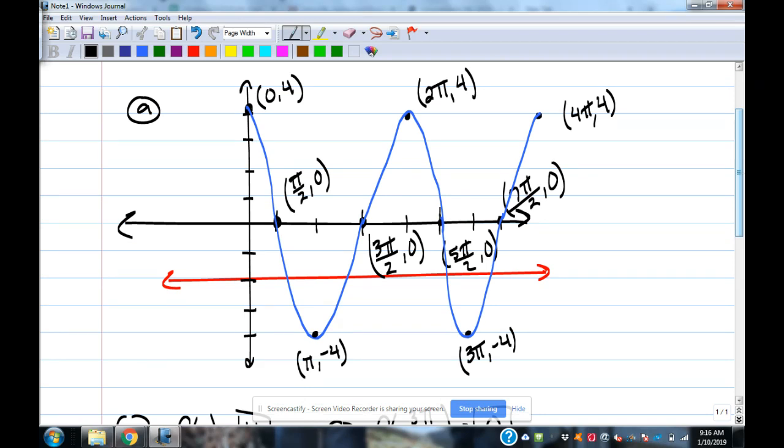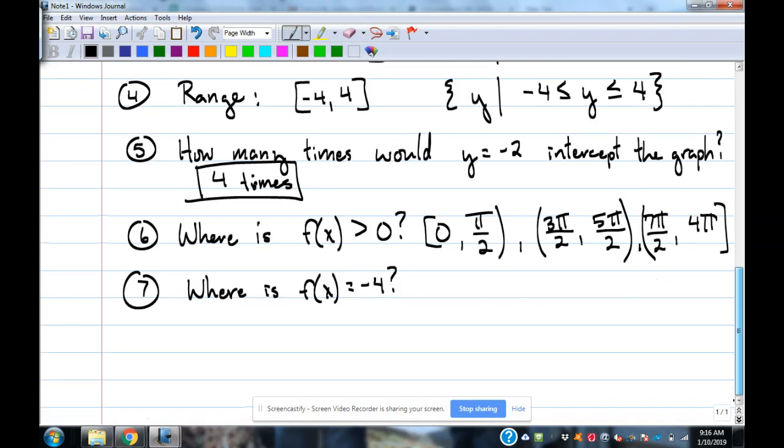Say it again. Pi and 3 pi. Because it asks where's f of x equal to -4. It's asking where's y -4. Those two places. So pi and 3 pi. So x equals pi and x equals 3 pi. Both of those. More than one answer there. We're not writing that in interval notation because it's single spots, not a range of values.